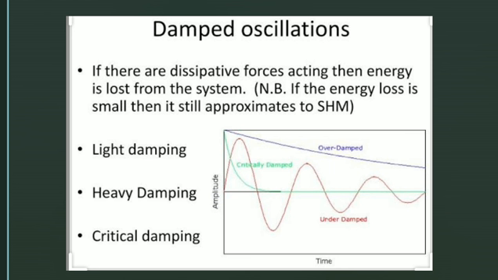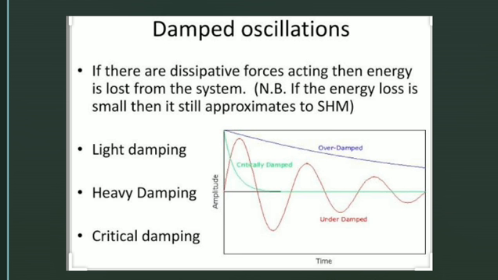First, there are three types. The first one is light damping, that is under damping. The under damping oscillation looks like this. With respect to time, the amplitude decreases and becomes zero. But heavy damping is nothing but over damping. See, this is over damping. The oscillation constantly reduces.